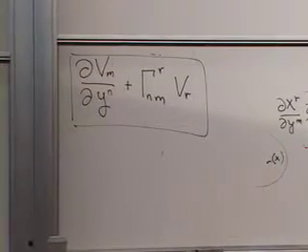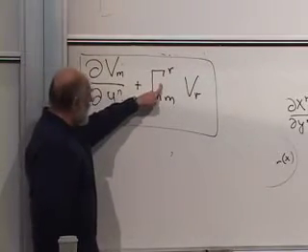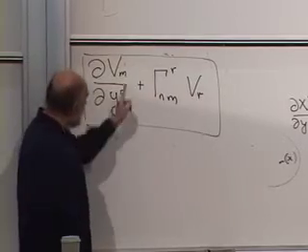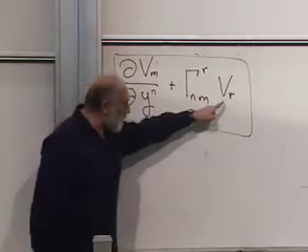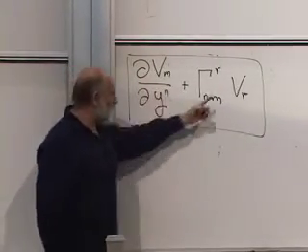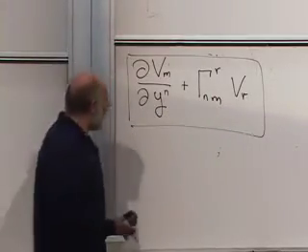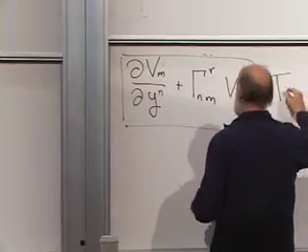We're making a guess that if we could find the right object gamma, we could construct a new kind of derivative of a vector which contains an extra term, not just a derivative, which will make this into a tensor, which we can call T^mn.